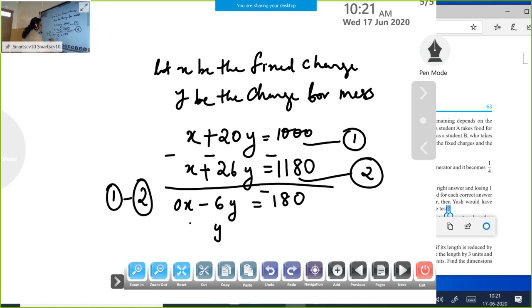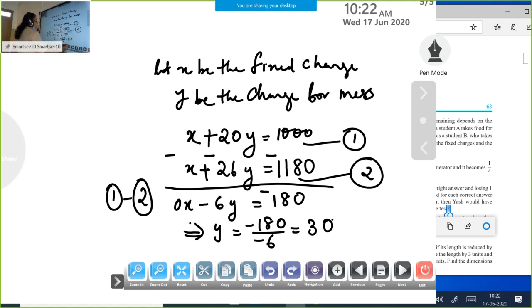That is Y is equal to minus 180 divided by minus 6, which is 30. Y equal to 30. That is the charge for food. One day's food is equal to 30 rupees.